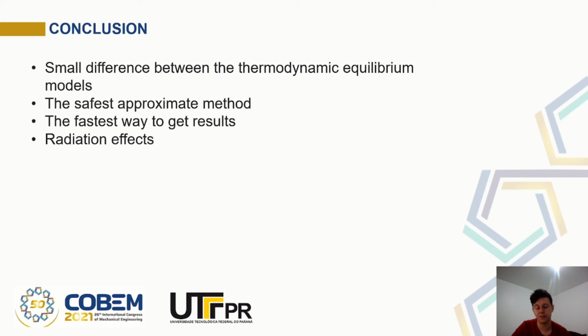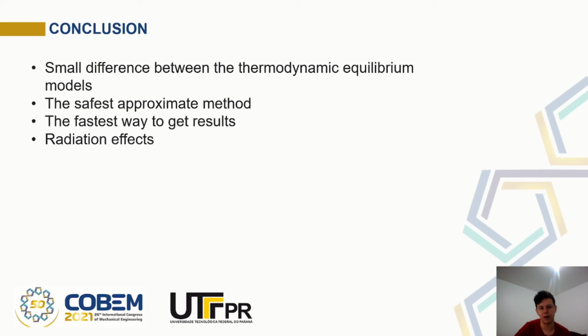And this makes a connection with the fastest way to get the results, because if you are in the first stage of a project and you just want to have an idea of the heat flux at this stagnation point, you can simply avoid using Fay-Riddell and the thermodynamic equilibrium model, because by doing this you will not have to deal with a lot of constant values in tabulated data and implement these correlations.